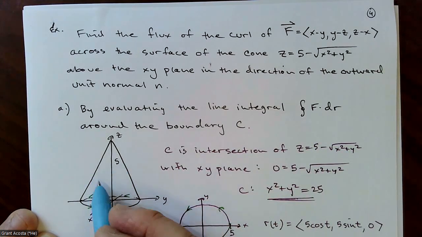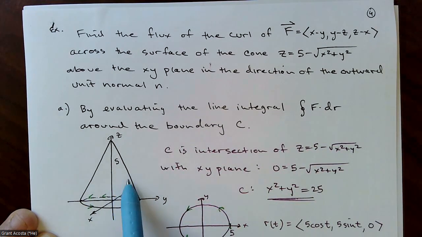If we do the surface integral of this cone, adding up the curl vector, typically what we'd want to do is use that to evaluate the circulation around this boundary, and positive circulation is counterclockwise.